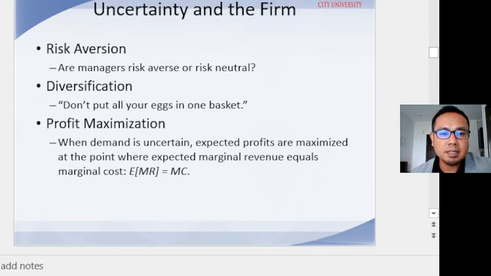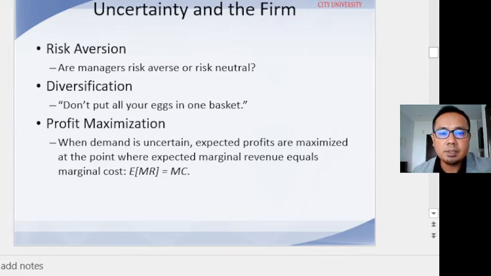To illustrate how the basic principle of profit maximization is affected by the presence of uncertainty, let us suppose the manager is risk neutral and demand is uncertain. Recall that the goal of a risk neutral manager is to maximize expected profit, not the sure one. That's the manager who tries to maximize the expected profit.